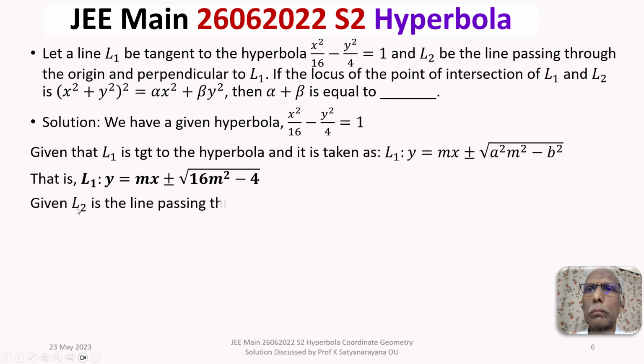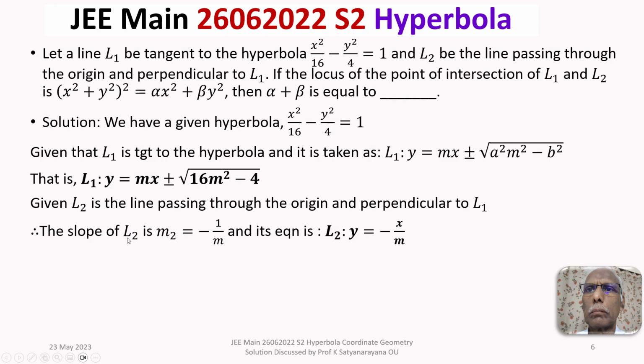And we are given L2 is the line passing through the origin and is perpendicular to L1. Because L2 is perpendicular to L1, the product of their slopes must be equal to minus 1. Let the slope of L2 be M2, then M2 must be minus 1 by m because they are perpendicular.